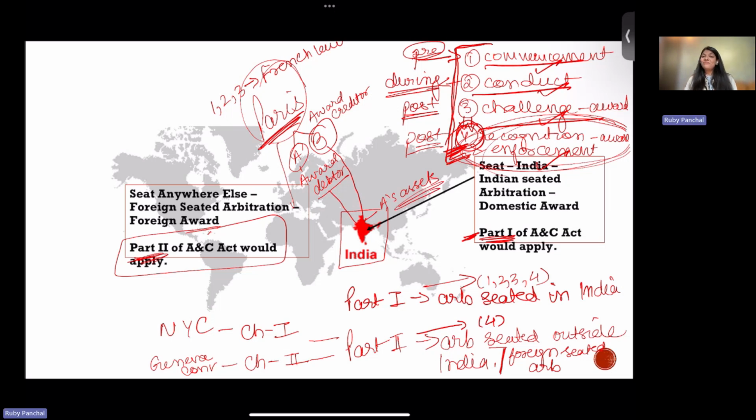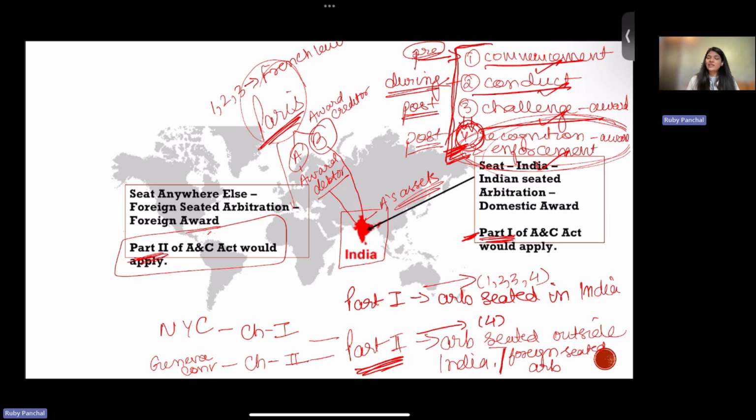So B might file an application under Part 2 of the A&C Act, which only provides for recognition and enforcement of such foreign seated arbitral awards, right? So now what will B here do?